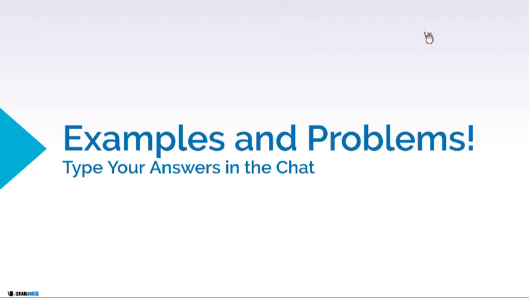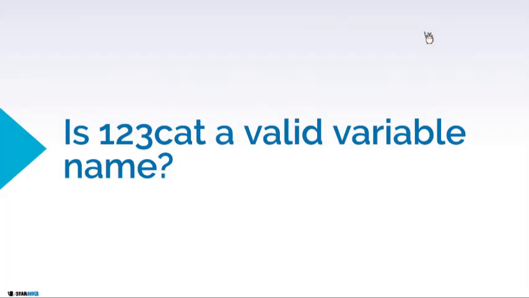Now let's look at some examples and problems from this lesson. Is 123cat a valid variable name? Feel free to pause the video to think about these questions and answer them. 123cat is not a valid variable name. Though numbers are allowed in variable names, 123cat starts with a number, therefore making it invalid.